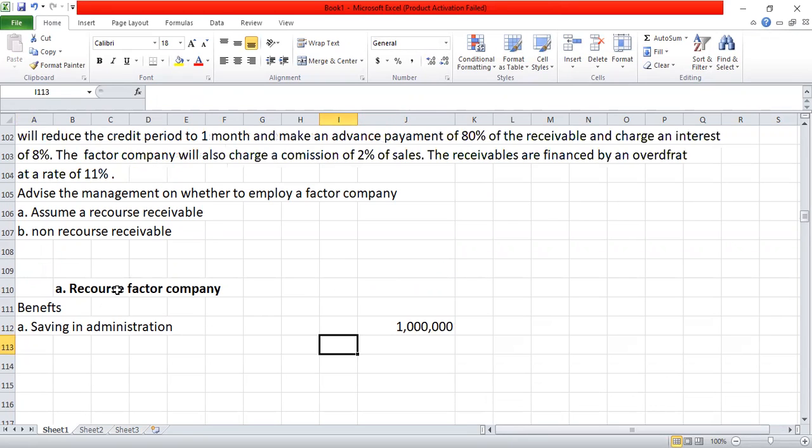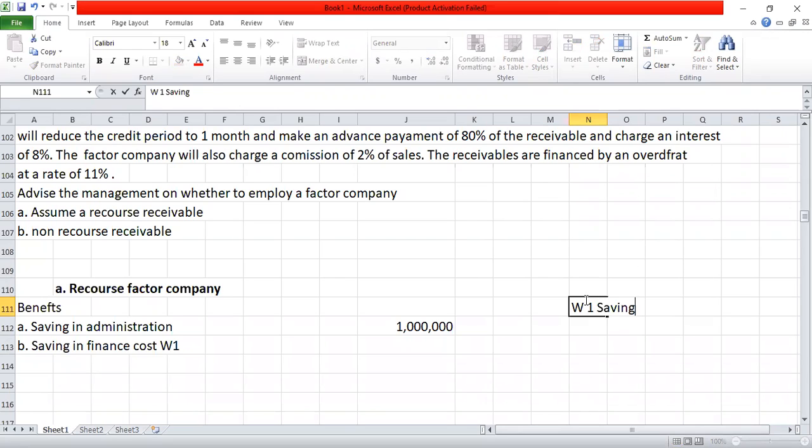Then another one will be the saving in finance cost, in the case a factor company is employed, and this is going to be a working. So probably I can make this saving working one.